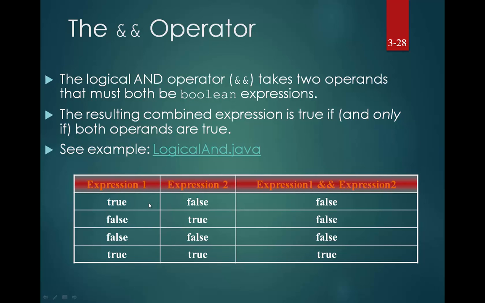If you've got a true and a false, then that expression together is going to be false. False and true, that expression is going to be false. If you've got false and false, then the overall expression is false. True and true, the overall expression is true. So the only case in which it's true, in the case of and, is if both operands are true.